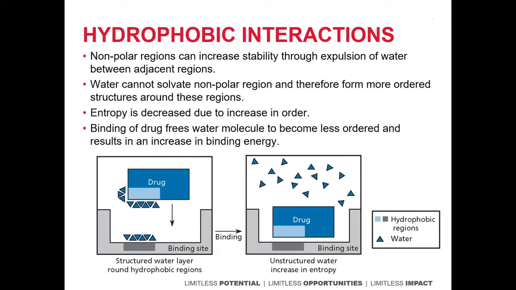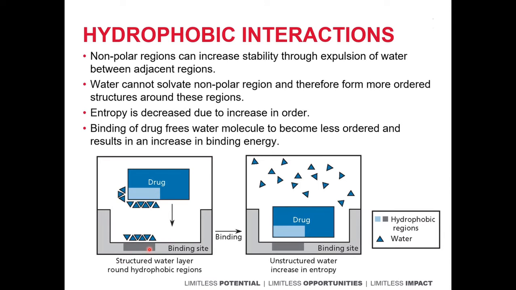Now, by having non-polar regions in our molecule and in our protein, we can increase the stability of the interaction between the drug and the protein itself. Now, the reason for this is because of the expulsion of water molecules between adjacent regions. Now, if we look at our drug molecule here, this light blue square represents a hydrophobic site within the drug.